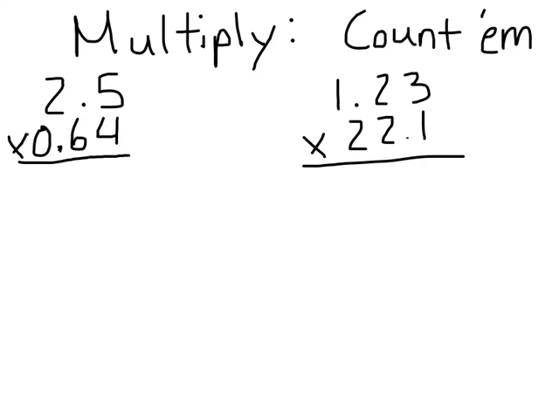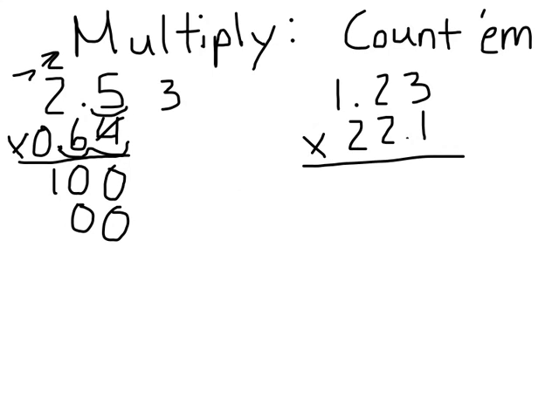When I multiply decimals, the easiest trick I can use is to count the numbers behind the decimal place. Here, I've got 1, 2, 3 numbers behind the decimal place. Now I can multiply like normal. 4 times 5 is 20. 4 times 2 is 8, plus 2 is 10. Drop my 0. 6 times 5 is 30. 6 times 2 is 12, plus 3 is 15.